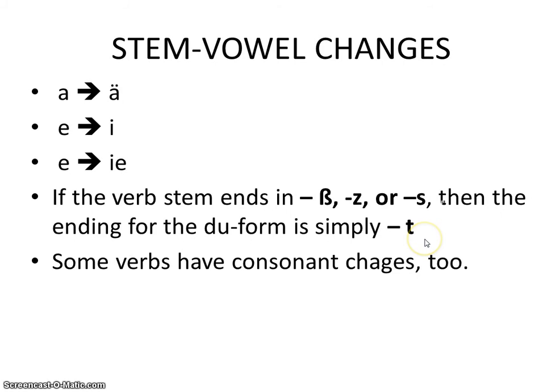We're not going to have an st ending, so watch out for that. Some verbs, as we'll look at today, also have some of the consonants that change. I apologize for my typo. That should be change. So, remember, pause this at any time as you go through and learn the following stem vowel change verbs.